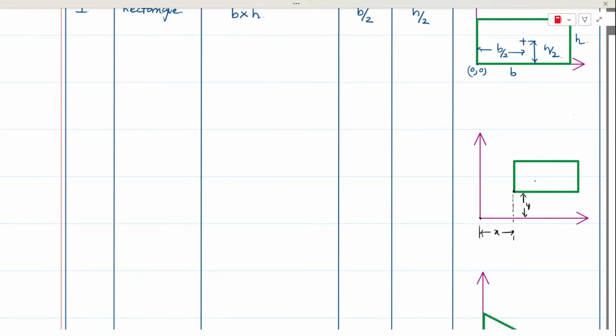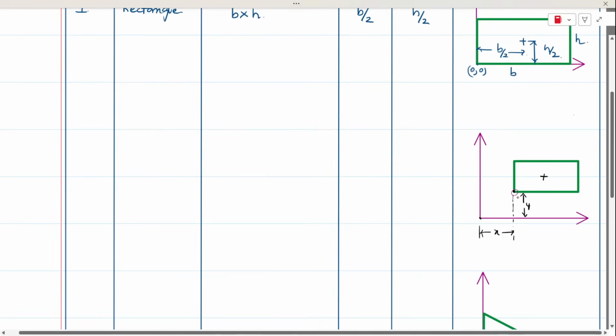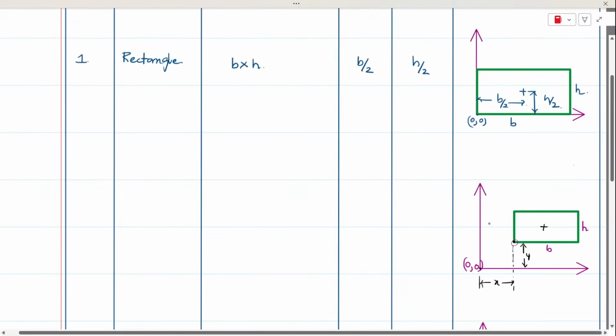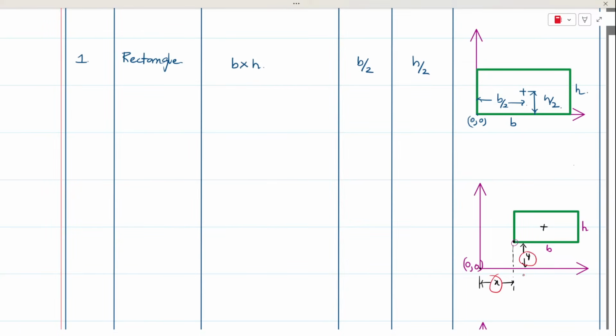So for this case, if you want to calculate the centroid with respect to the vertex, then it would be straight away b by 2 and h by 2. But now, if you consider the origin, then many of the students are likely to miss out, especially this distance x and y.